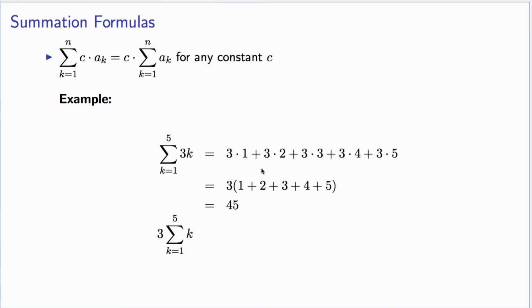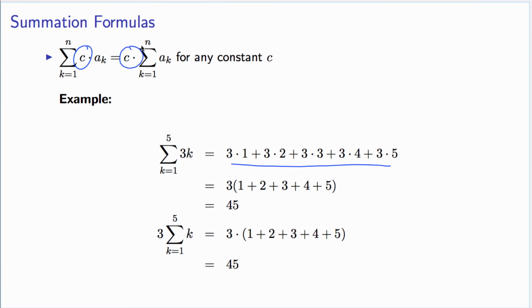So 3 times the sum from k equals 1 to 5 just gives us 3 times 1 plus 2 plus 3 plus 4 plus 5, which is the same thing, 45, as we get when we just expand this out. So the key idea from this last formula is that anything that doesn't depend on k, anything that's a constant independent of k, can just come outside of our sum.